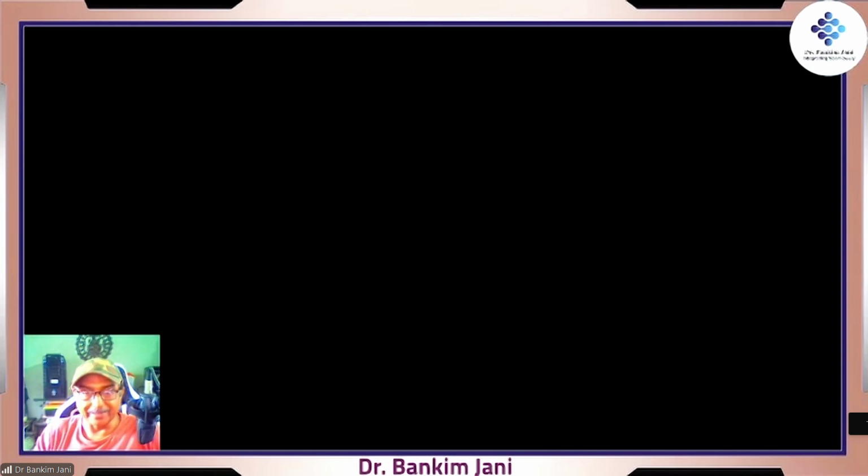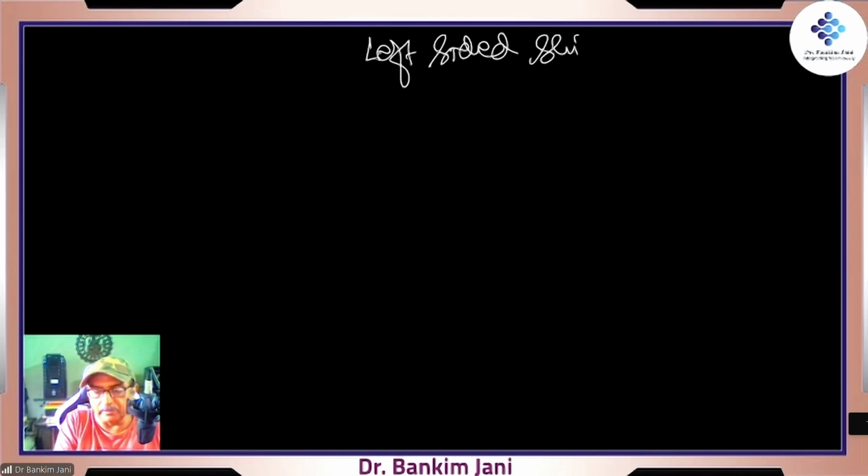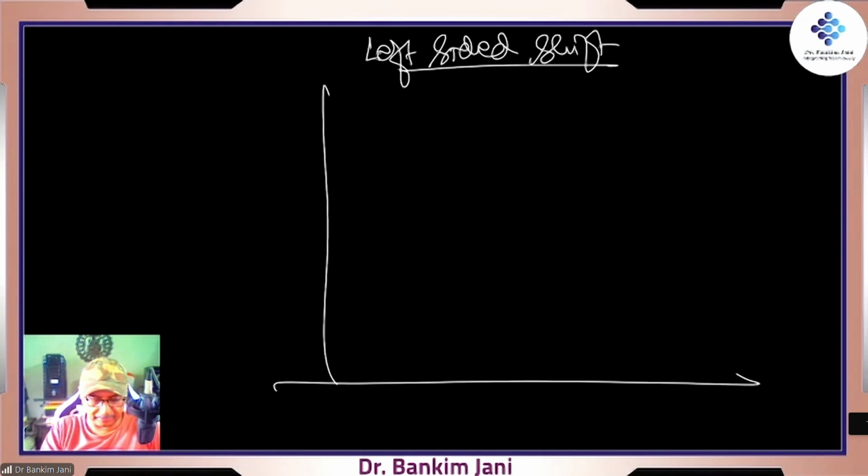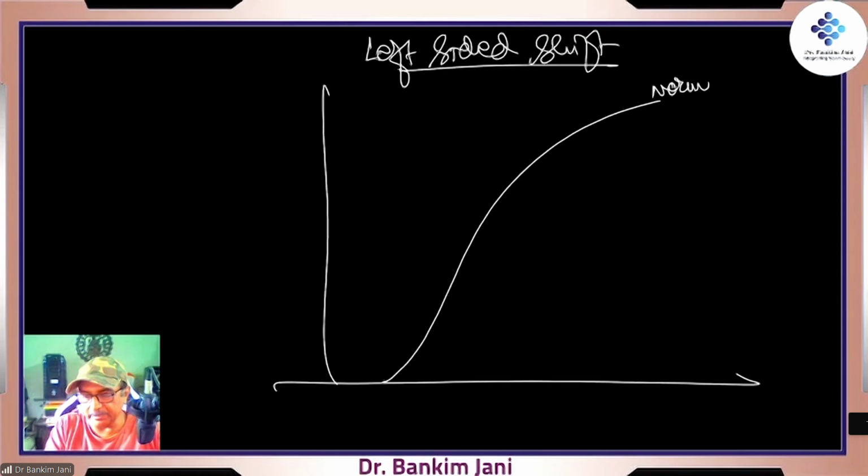On to the next one. This time, you must have guessed it, left-sided shift. That is pretty easy, right? When it would be the left-sided shift, this is what would happen. This is the normal curve, normal S shape. But this time, the curve is on the left side.